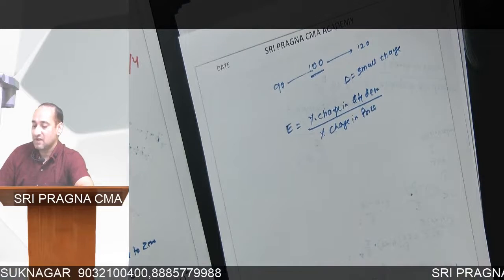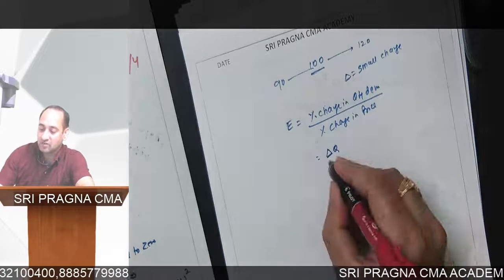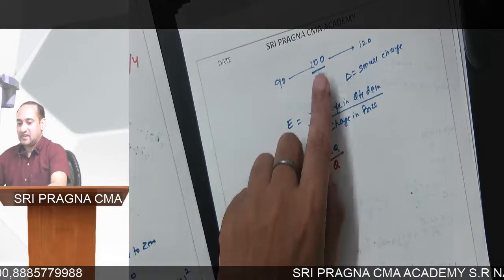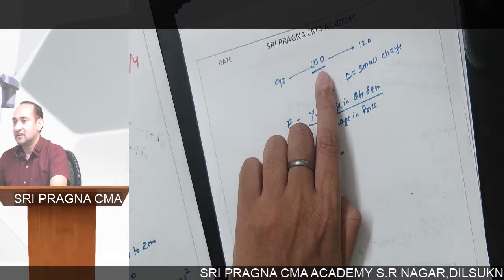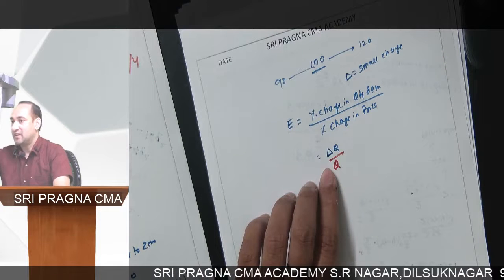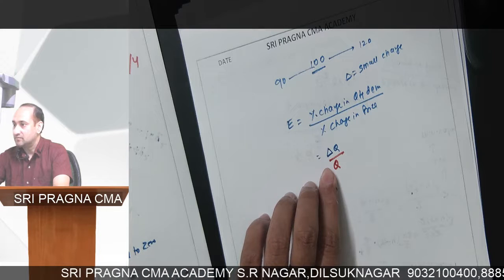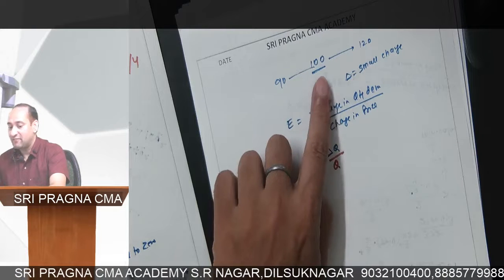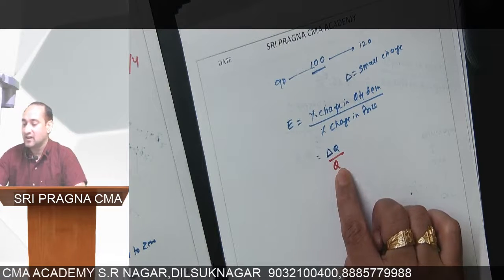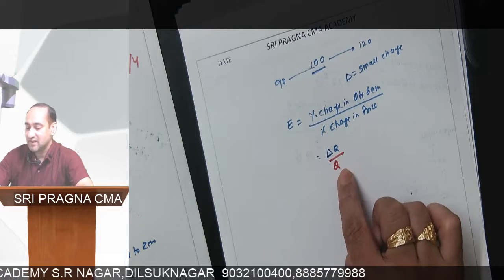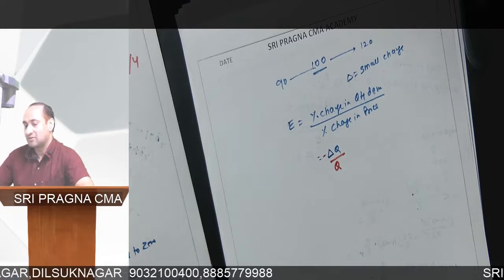Change in the demand means delta Q divided by the original Q. If 100 has become 120, we do 120 minus 100 and get plus 20, or if it becomes 90, then 90 minus 100 is a negative number. So we write delta Q by original Q, the change divided by the original, and we put a minus sign here, since the change will have a positive or negative impact.